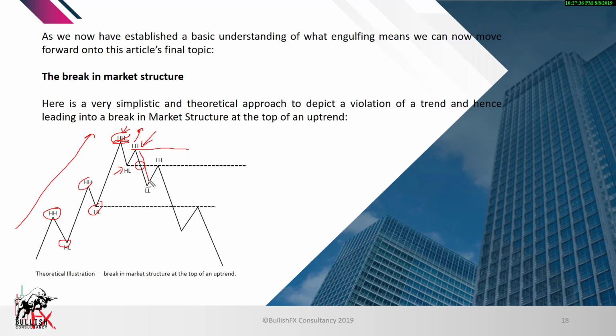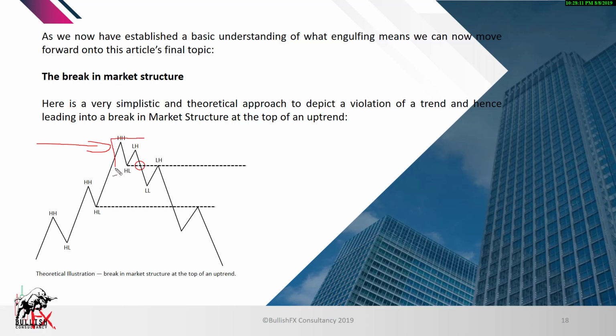And when price pushes further down and closes below the previous low that was formed, then we've got a lower low. Then you expect market to move into the opposite direction, because it means this uptrend has been violated here. You see, the uptrend has been violated at the top of the structure, which will probably be a supply level.